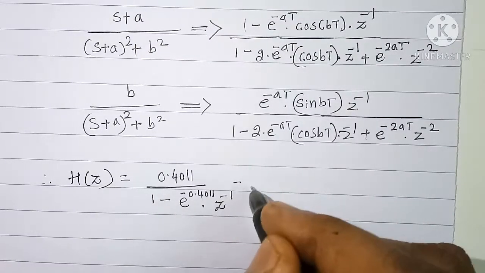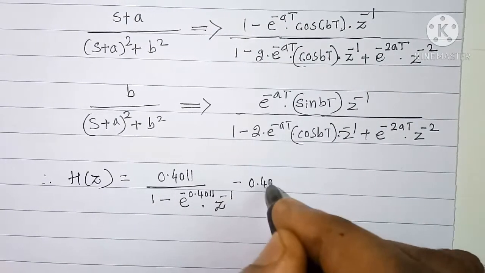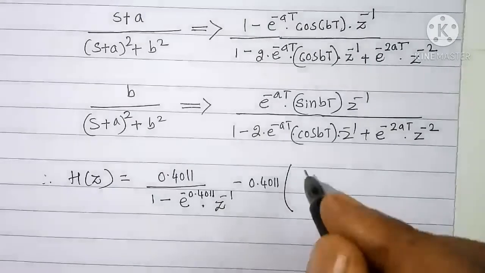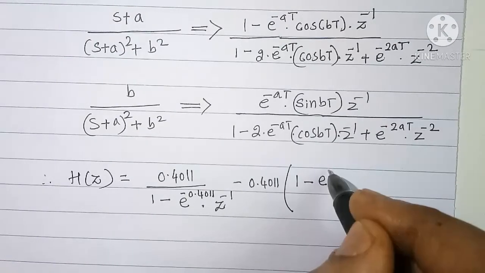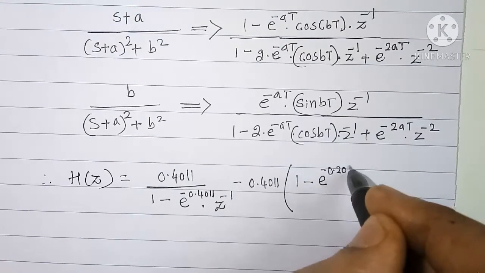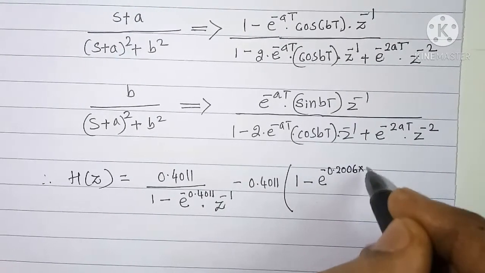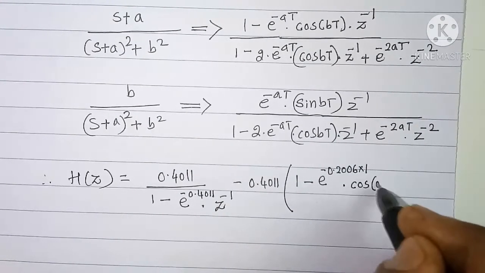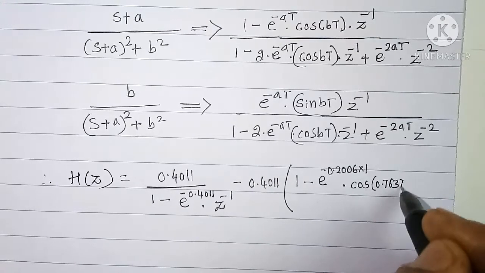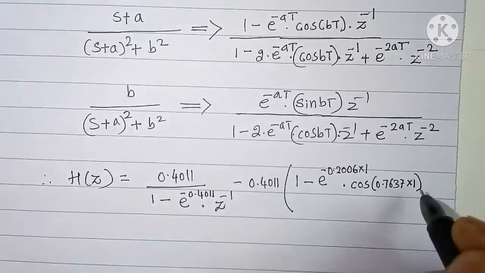So minus 0.4011 into the bracket 1 minus e raised to minus 0.2006 into 1 into cos of 0.7637 into 1.